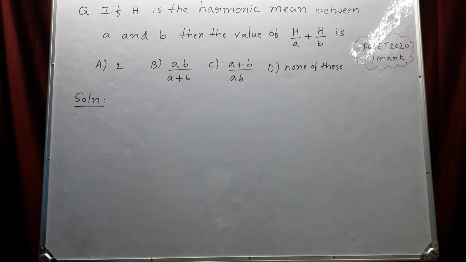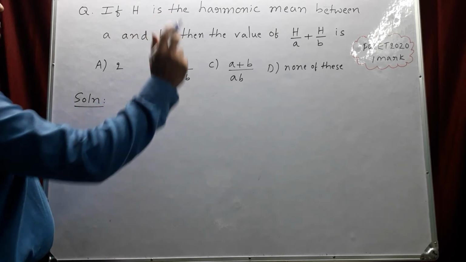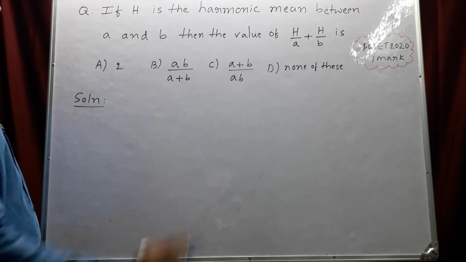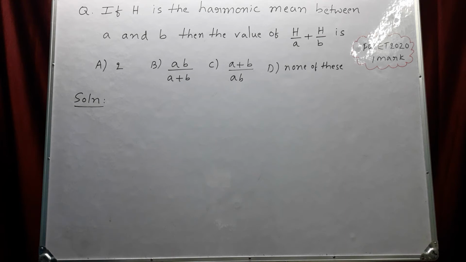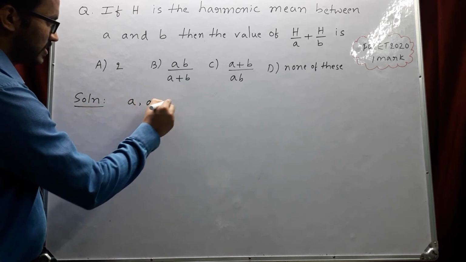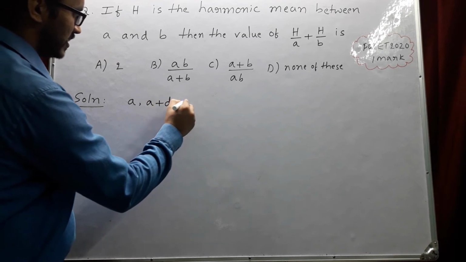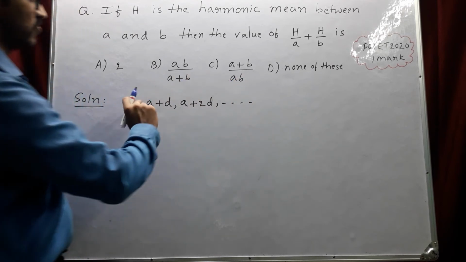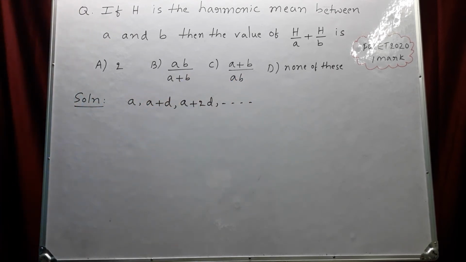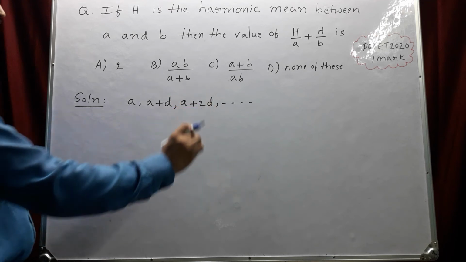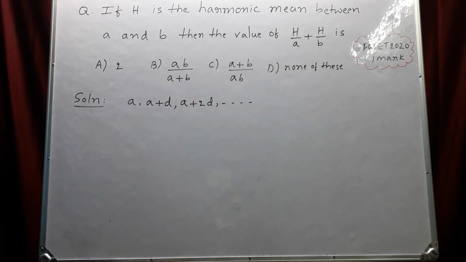First we should know what is harmonic progression. We have seen arithmetic progression and geometric progression. Now let us see the meaning of harmonic progression. Arithmetic progression means any sequence of this form, a, a plus d, a plus 2d, and so on, where the difference is the same between any two consecutive terms.